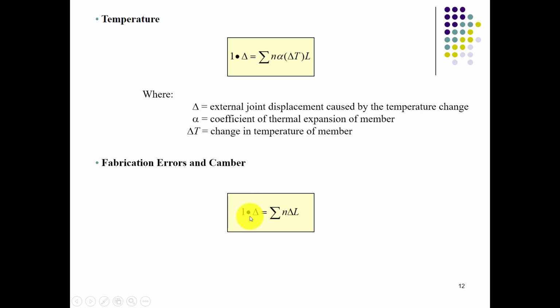This formula states that a unit deflection is applied, and then you calculate the response of the structure by unit deformation in terms of some settlements, or some change in length. So you can calculate it like n multiplied by the change in length.